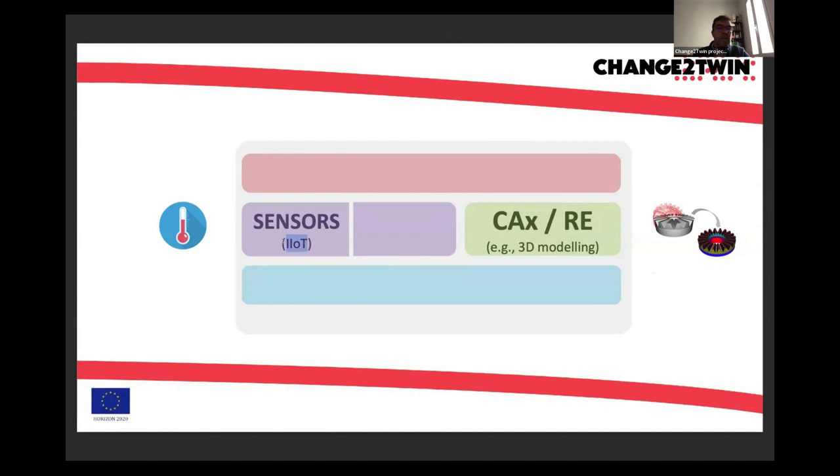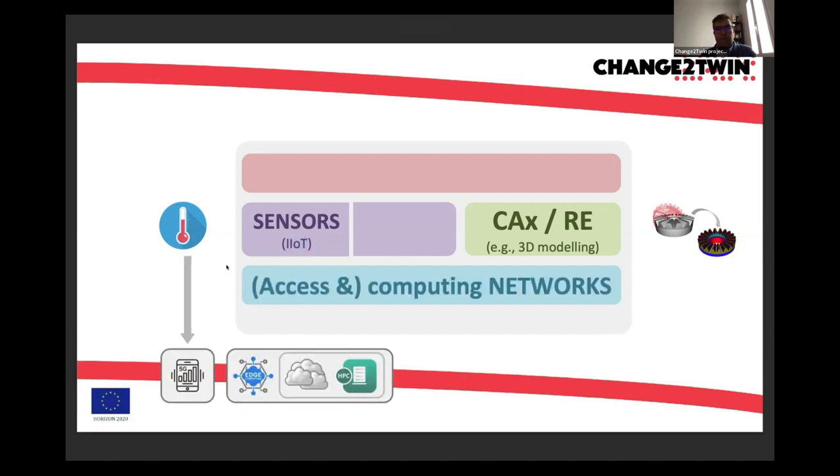And they fall within the well-known concept of the industrial Internet of Things. Information coming from these sensors needs to be transmitted, and to do so, digital twins use access networks.